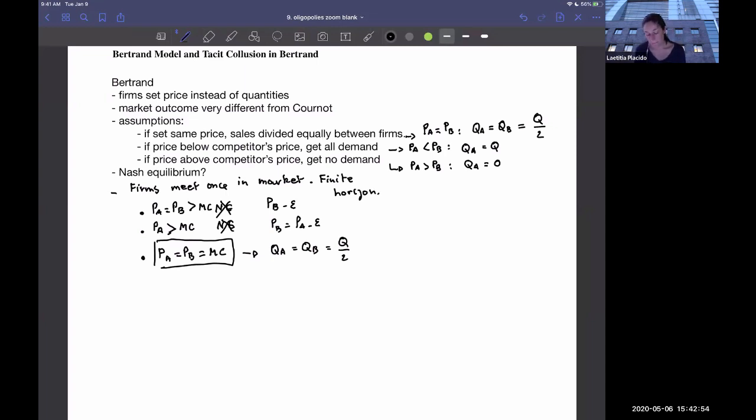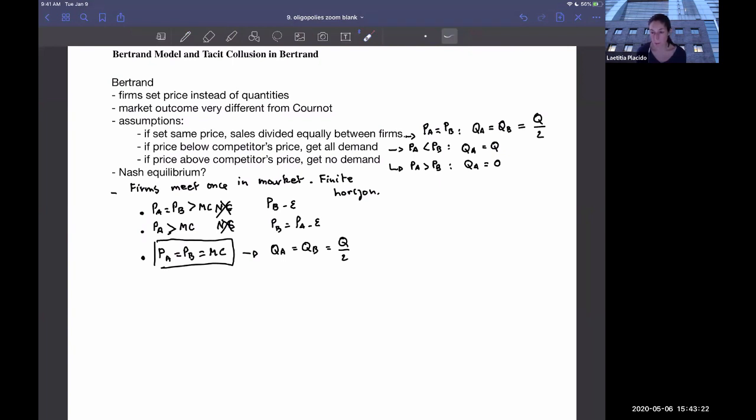Imagine a game in which firms repeatedly meet each other on the market, and you know that you're going to play the game 10 times. So the question is, is the Nash equilibrium of the single shot game also the Nash equilibrium of the finite horizon game? And the answer is yes.